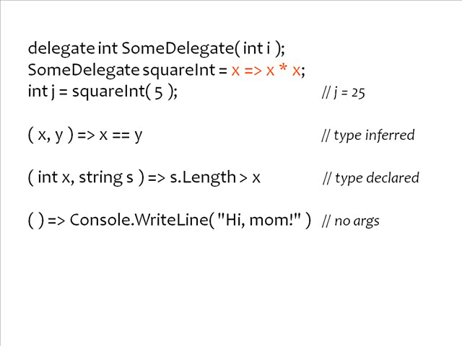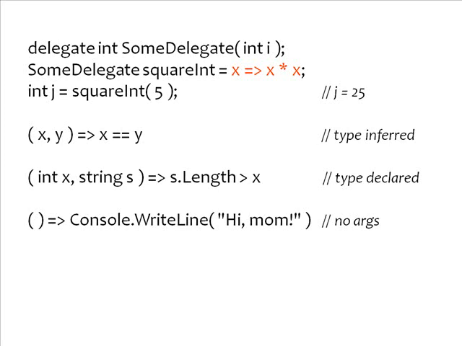And we're letting the compiler infer the types of x and y, and infer that the return type must be bool because that's what equivalence returns. I can also indicate the types of the parameters getting passed into my lambda. In this case, I need to indicate that s is of type string so that the compiler knows what to do when it sees s.Length. So here's an expression that maps the pair x and s to asking, is the length of s greater than x?